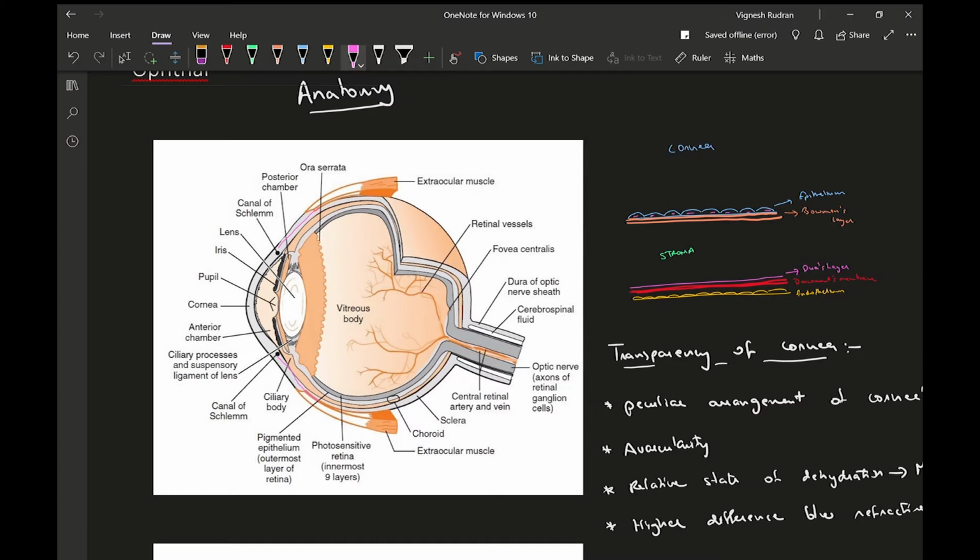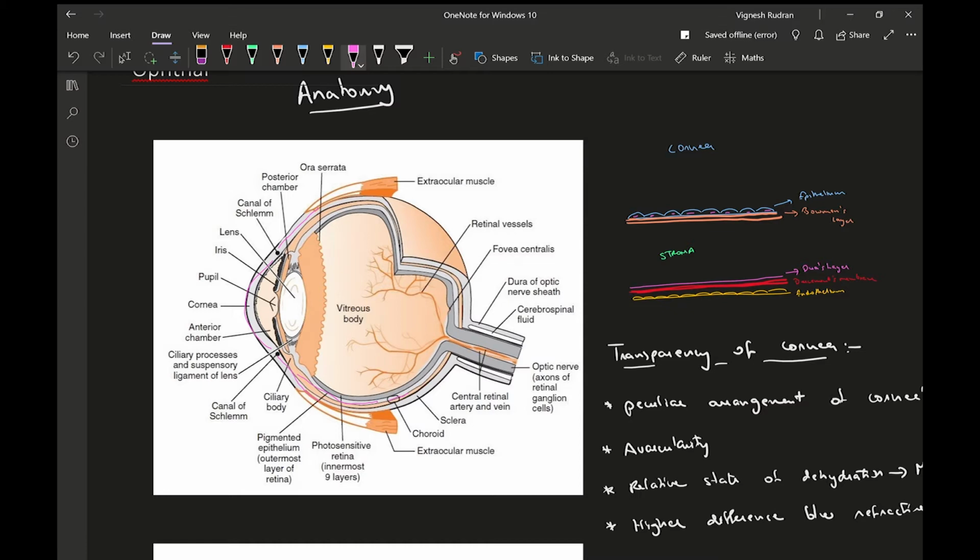The part of sclera in front of the lens is known as cornea. It has a special name, cornea. Beneath the cornea and sclera, you have the choroid, this thin layer going over here. That is your choroid. And then inner to that, you have your retina.